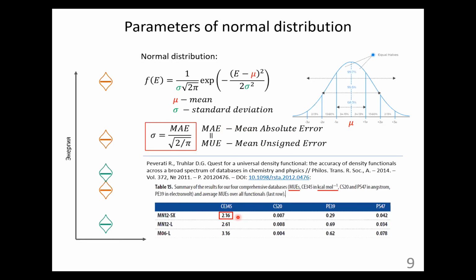However, at the same time, various other reports say that for transition states, mean absolute errors in their energy differences can be as small as 0.1 kilocalories per mole. So we require an additional approach to calculate these uncertainties.